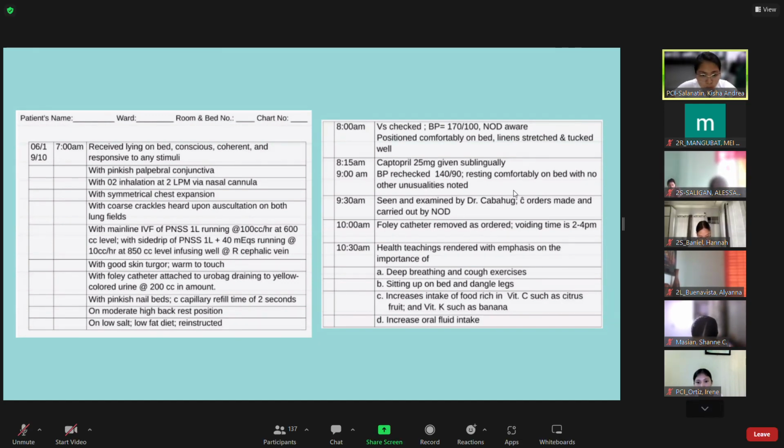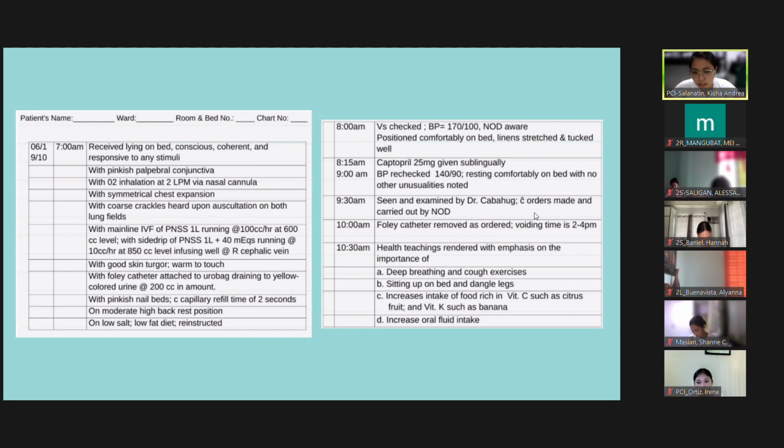We have on moderate high back rest position or on low salt, low fat diet, and then the VS here and the medications given, also the doctor's visitation, and there is an attachment, the Foley catheter, and also the health teachings.